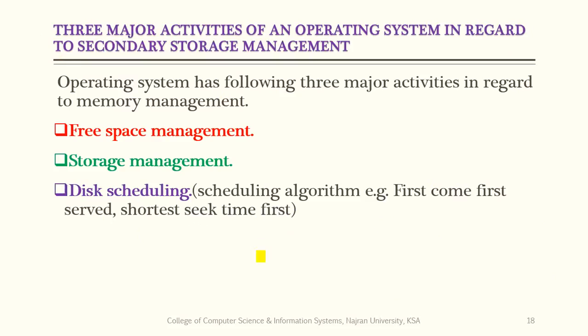Okay, so now we have seen the three major activities of the operating system in regard to main memory. Now the operating system also does three activities regarding secondary storage management. The first is free space management: it is the responsibility of the operating system to manage the free space on secondary storage devices. Then storage management, how to store the data.